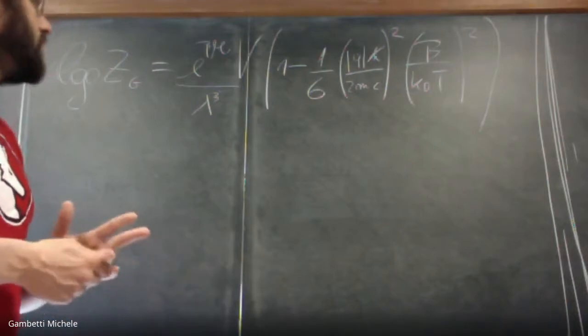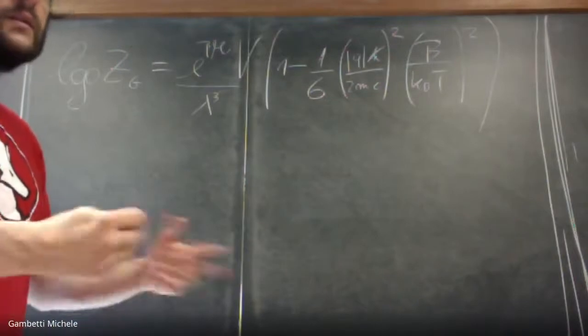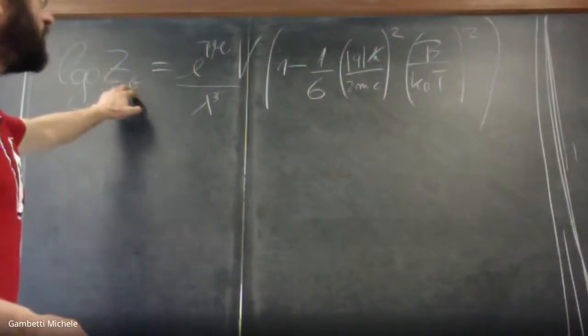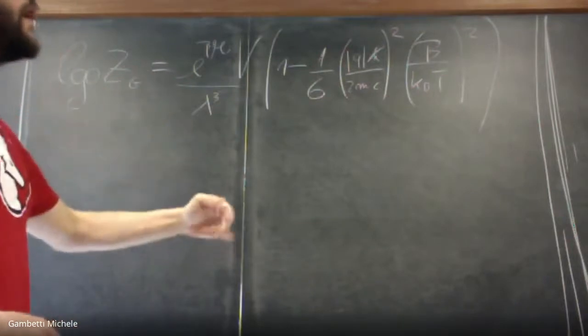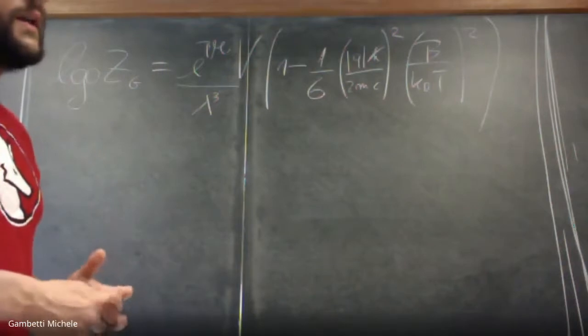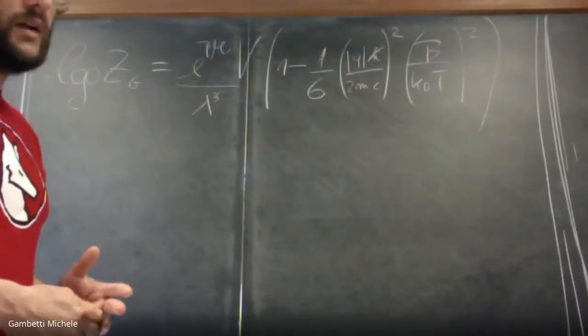Then after counting the number of states, we computed the grand canonical partition function. Then we did a classical limit, not because we are lazy, just because it's easier to do the calculation.